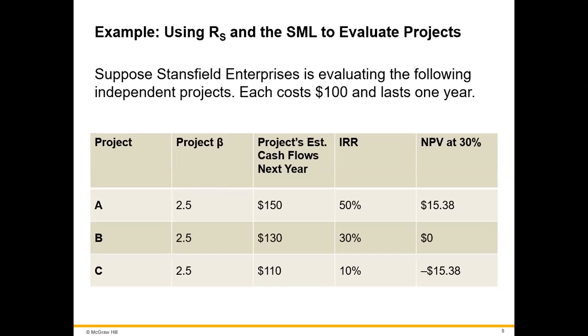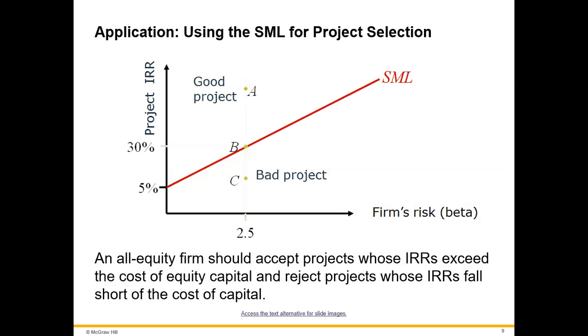So we would tend not to take on project C because it's not producing a return to at least the cost of our capital, or that required rate of return of 30%. So we could see this in a graph. When you have a project internal rate of return that is less than that required rate of return, you're generally not going to take on that project. So it's just graphically showing that.